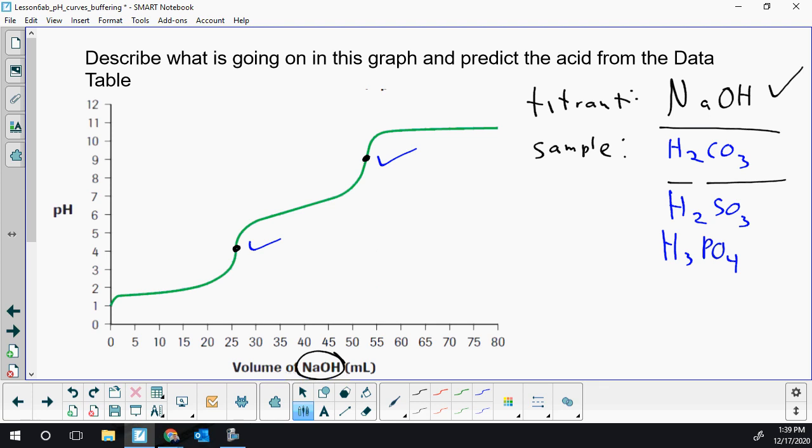H3PO4 has at least 2 H's that can be lost, and that would give us those 2 equivalence points. So I'm just going to end this. We got the right acid, and we got some good answers for the potential sample, H2CO3, H2SO3, hydrogen sulfite, or sulfurous acid, sorry.